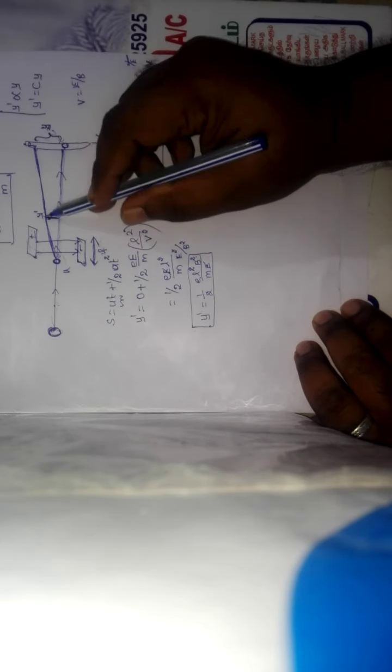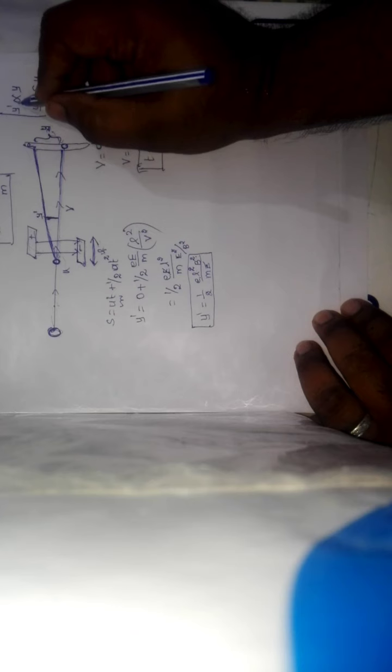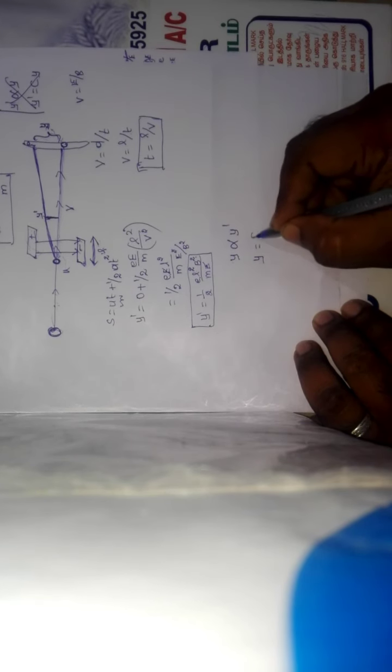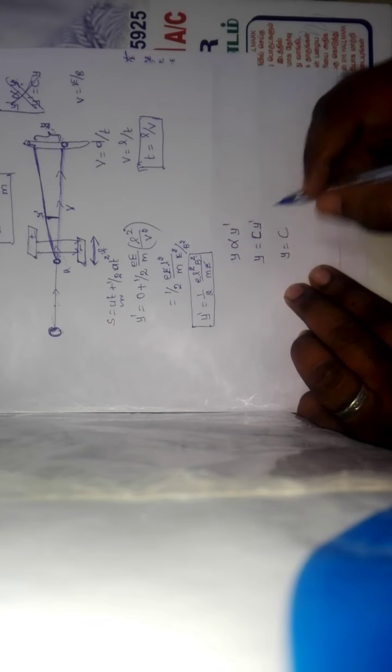Then you know the deflection, that is y is directly proportional to y dash, so y equals a constant c into y dash. Substituting the value of y dash, y equals c into 1 by 2 e L square B square by m E. Our aim is to find the determination of the charge of the electron.